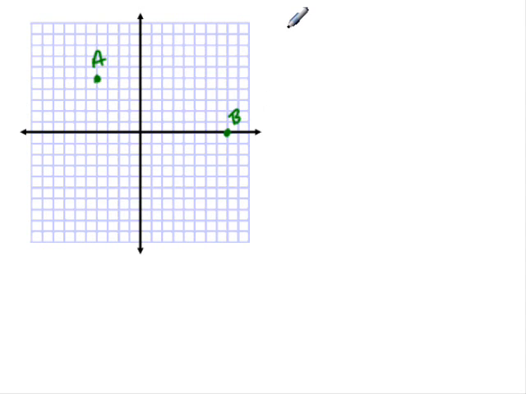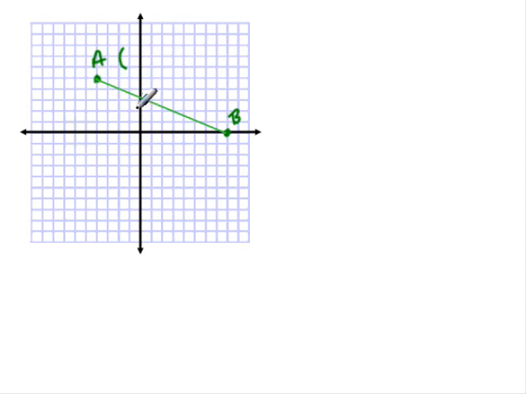And we want to find the distance from A to B. Maybe it's better if you can see it. I like to have my lines drawn so I can see that. So if I'm looking at A to B, I want to know the distance from point A to point B. Well, first of all, we have to know the coordinate points.